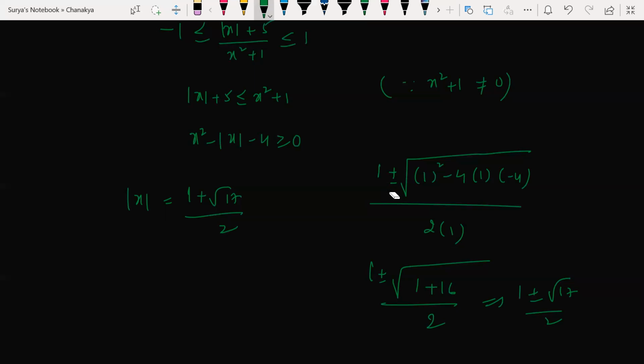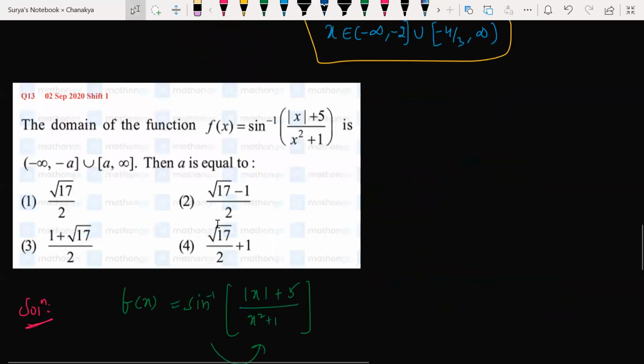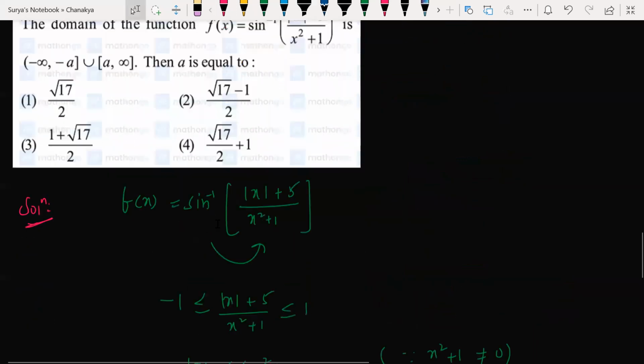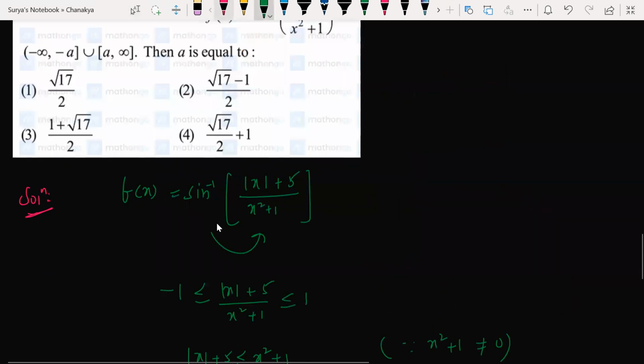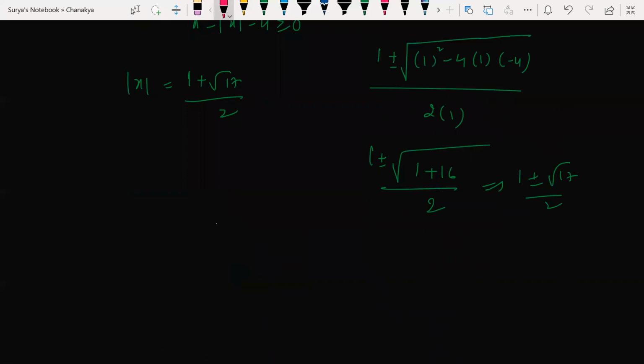So can I write this as, what he has given, modulus of x? An a value is being asked. The a value I need is this one, beta. Of course, 1 plus root 17 by 2. Option A is not possible. 1 minus, no, no. The a value is here, right? So what can you write?